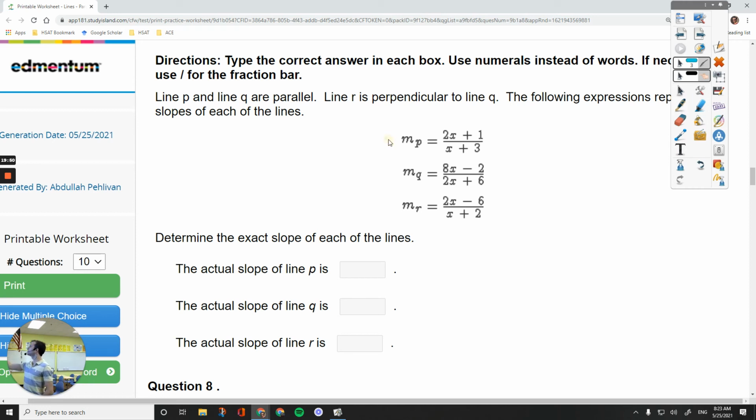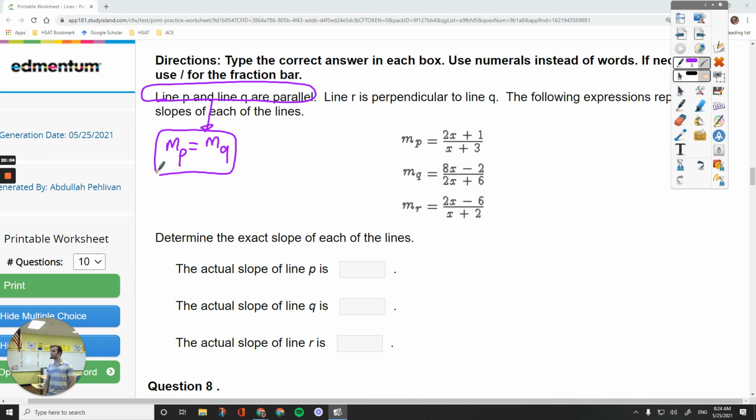So if these two are parallel, what that does is the slope of line P and slope of line Q are going to be equal. So MP and MQ are going to be equal. Basically, these two are going to be the same. Let's just set them up equal and solve it.